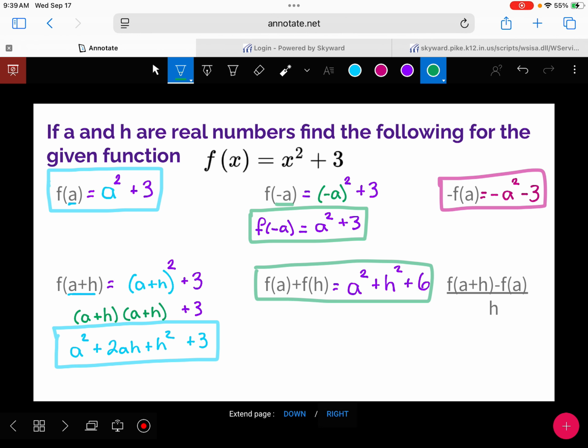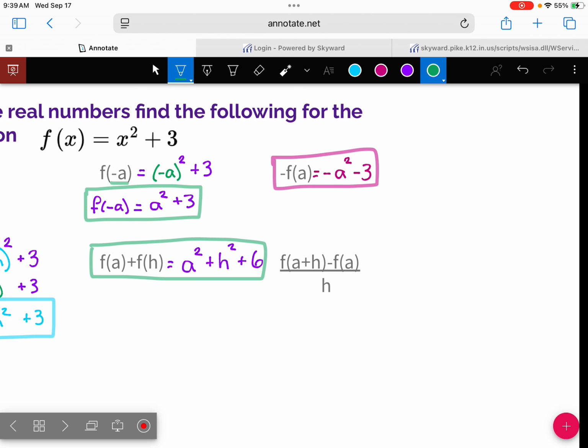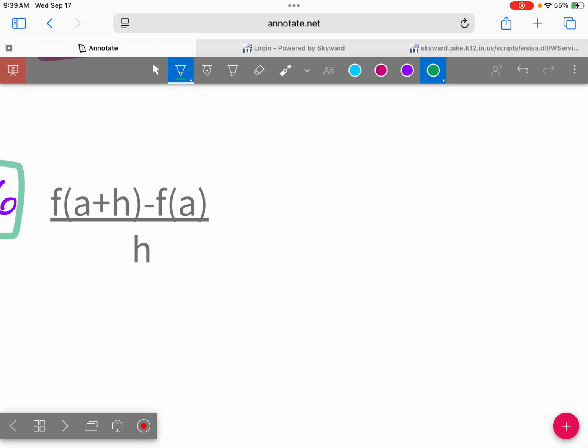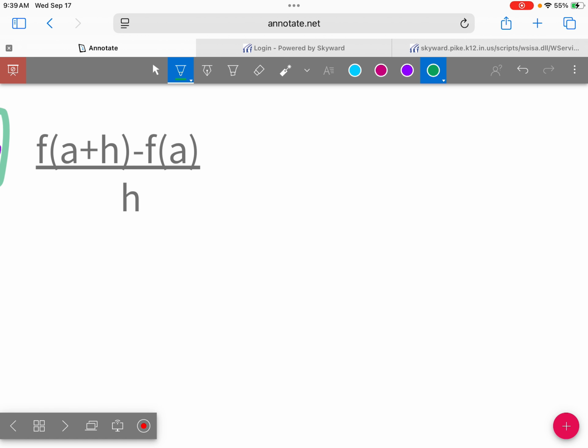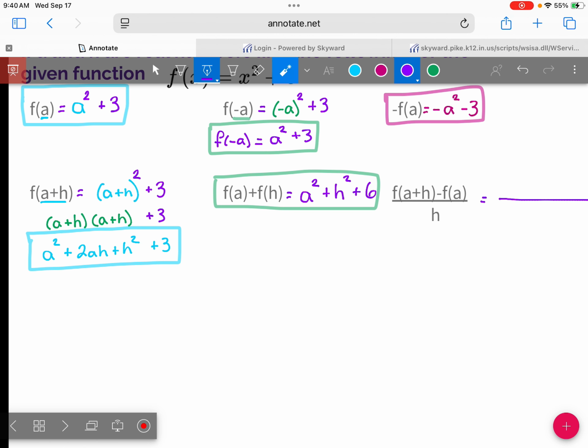Then we get our bestie friend, the fractiony guy. But luckily, we already know a lot of the parts of it. We already know what our f of a plus h is. We already simplified that, a plus h, that was this one over here.